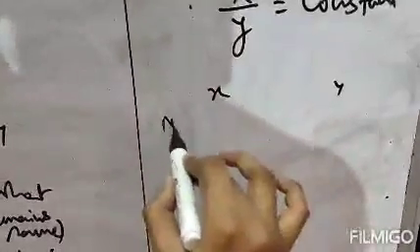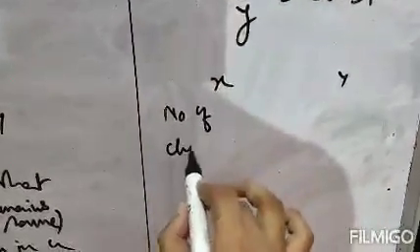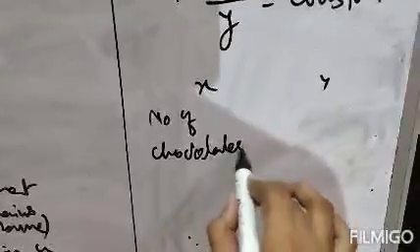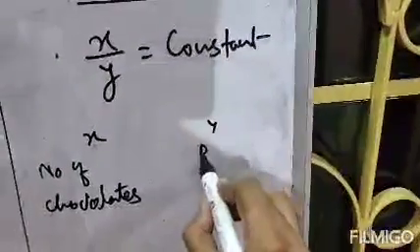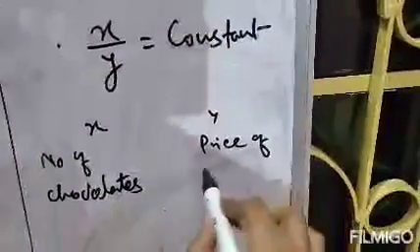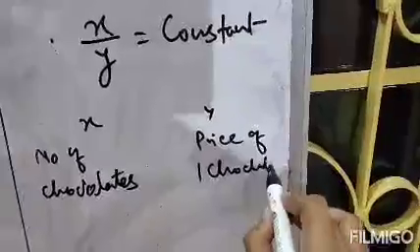Another example: suppose x is the number of chocolates and y is the price of one chocolate.